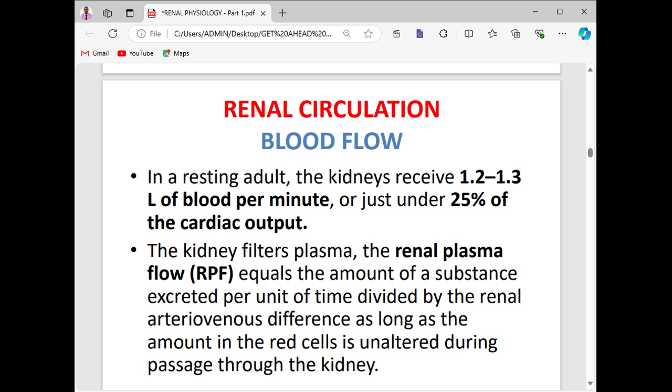Then from there we can talk about the renal blood flow. Now, you need to understand one thing: as far as renal blood flow is concerned, in a resting adult, the kidneys only receive 1.2 to 1.3 liters of blood per minute.